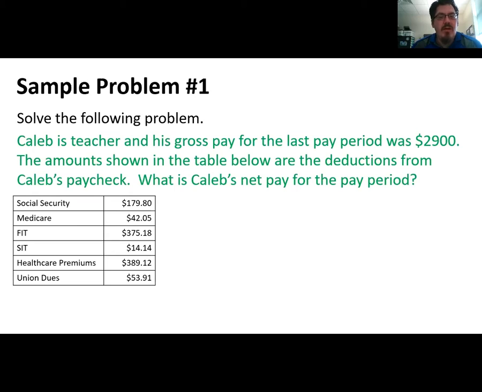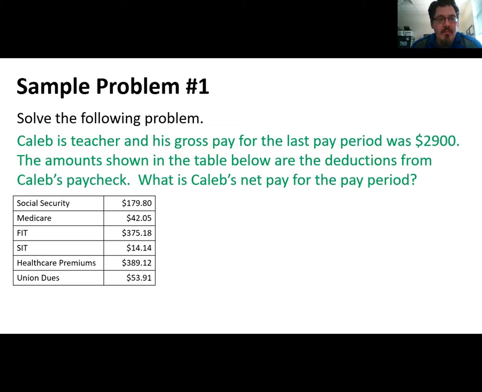Now what we have to do is figure out what his net pay is by subtracting the various deductions that have to be accounted for. In the table that you see here are several common things that are deducted from a paycheck. The first one is Social Security.